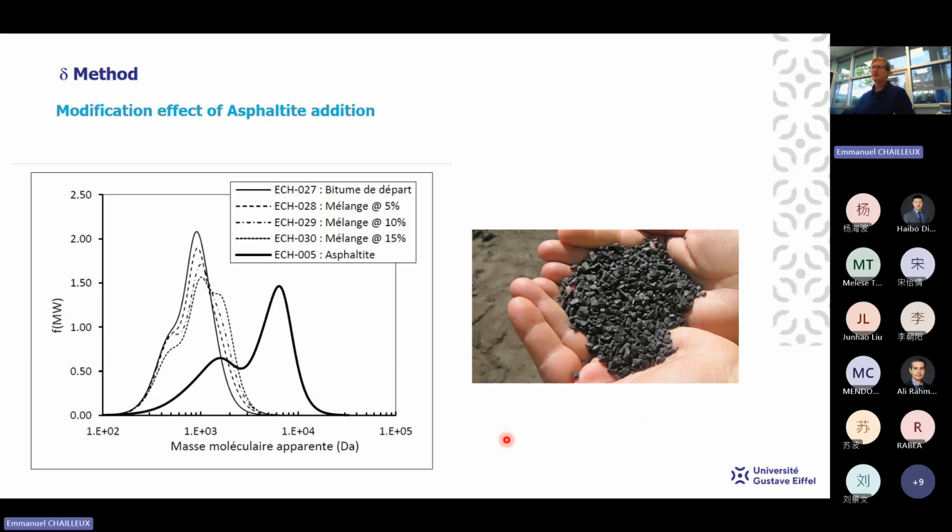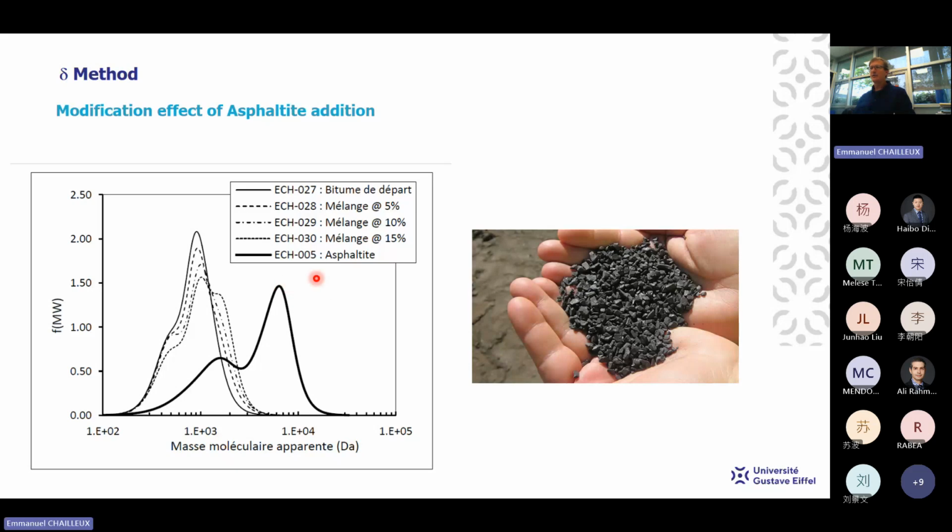I will show you some examples of the use of this delta method. For example, we have measured this distribution on an asphaltite. Asphaltite, the hard bitumen, is solid at room temperature. It contains some mineral fraction, and you can see that the distribution shows very high molecular weight molecules.